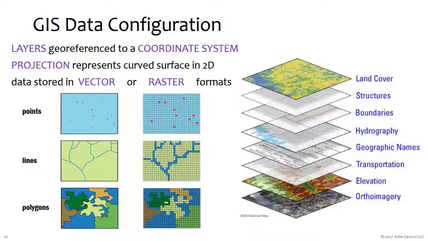So if you want to look at something that's continuous, you're more likely to look at it as a raster. You can think of that as a checkerboard grid where you have cells and each one is assigned one value. So that's often how elevation is represented. Or the temperature maps, the weather maps you see in the morning, that would be raster data.